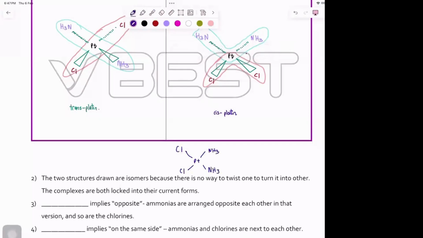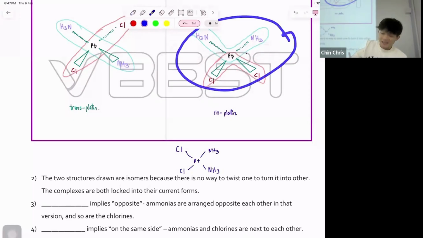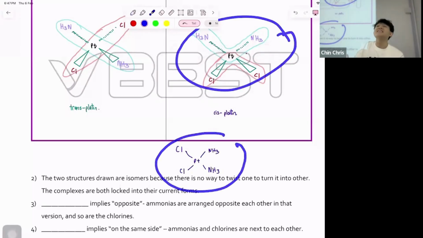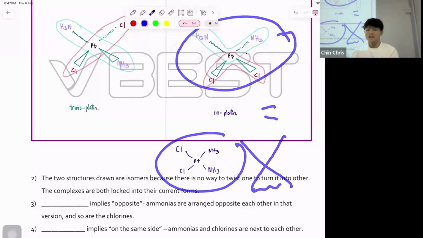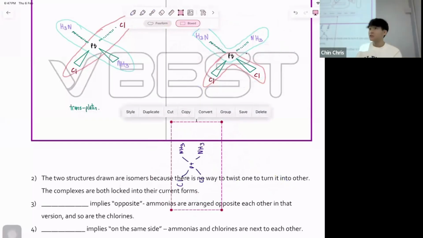Alright guys, what is this? It's a cis. So for example, if you drew this, mark scheme shows this, it's basically the same thing. Don't go and mark yourself wrong. It's just the same. You just have to rotate it.